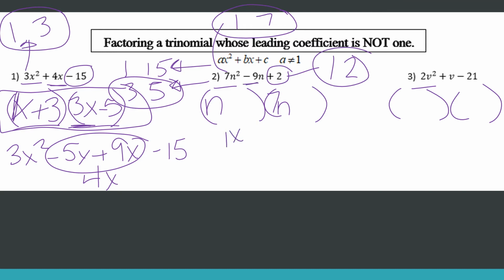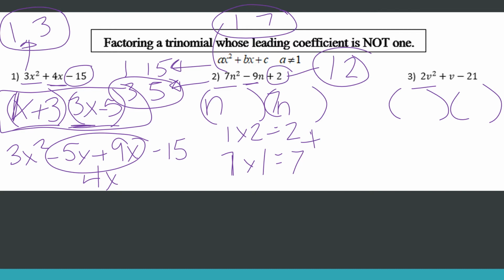So like 1 times 1 equals 1, and 7 times 2 equals 14. When I subtract them, I don't get 9. Okay, so that means that I need to take 1 times 2 and get 2, and 7 times 1 gives me 7. When I add those together, I would get 9.